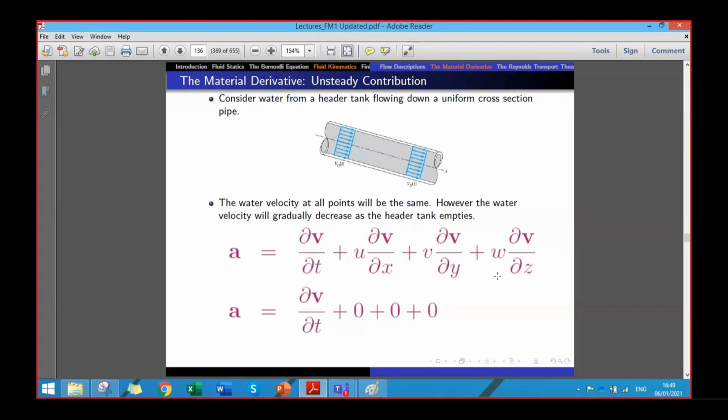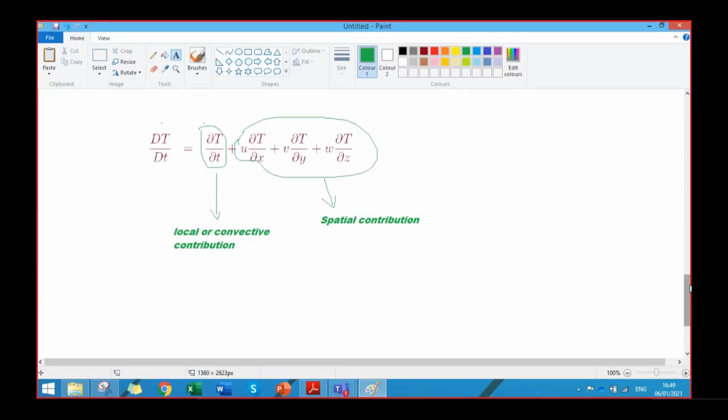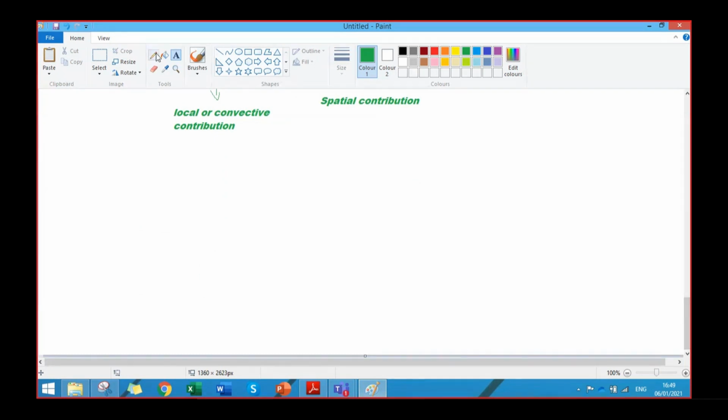Is it clear? Sir, what about partial V by partial t? Now let me draw it here. This is a header tank. Let's say this is a tank, and this is an opening in this tank, like this.